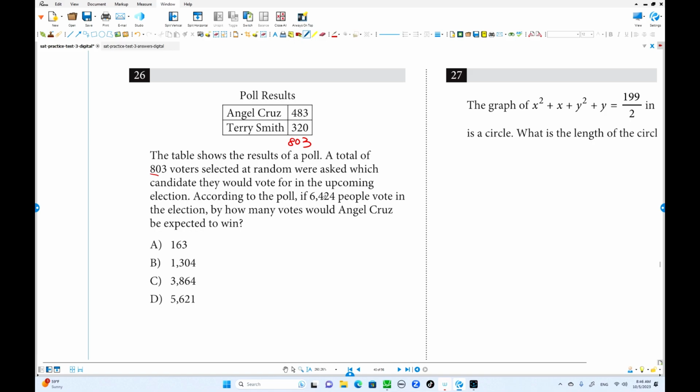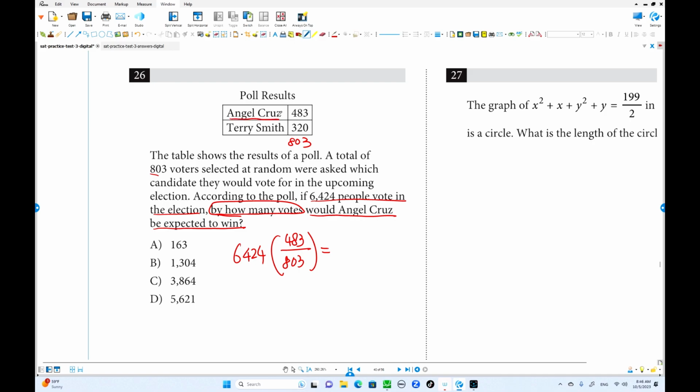According to the poll, if 6,424 people vote in the election, by how many voters would Angel Cross be expected to win? So the sample proportion is 403 over 803 for Angel, okay?